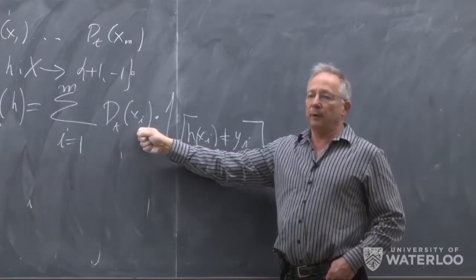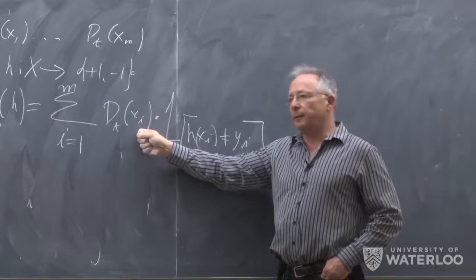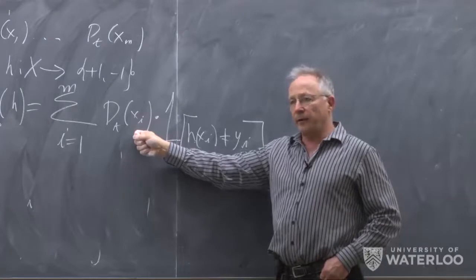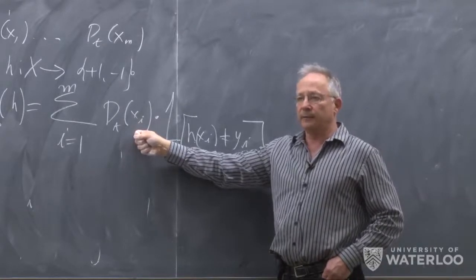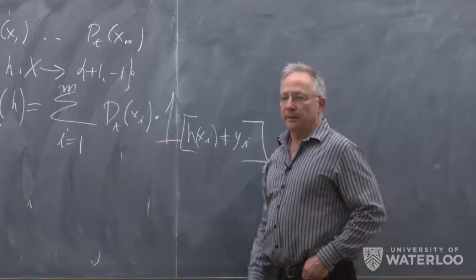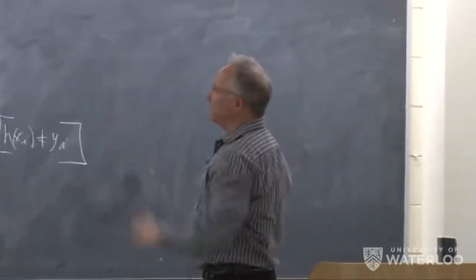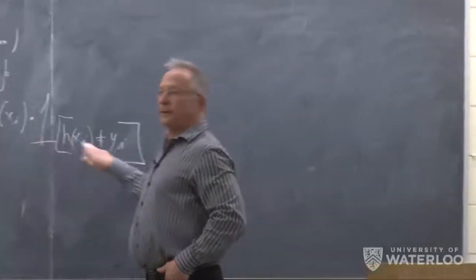So you care more about not making errors on heavy points, and you care less about not making errors on the light points. So instead of resampling each time, I can fix the sample and just use this to estimate my error.